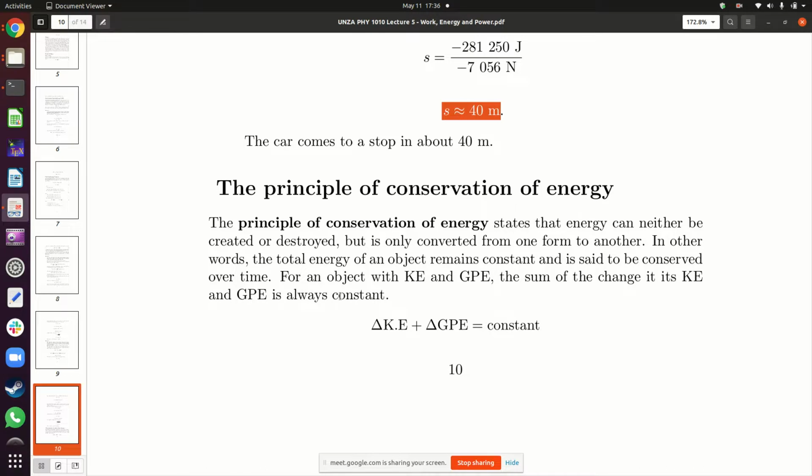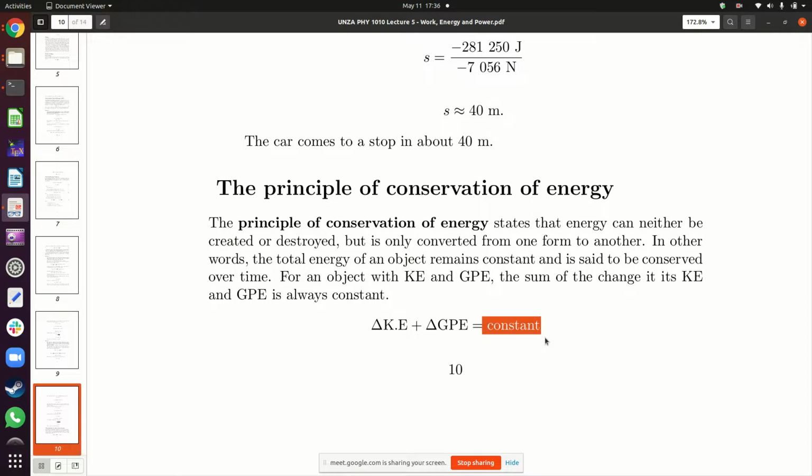If we are just focused on these two, how the kinetic energy changes and how the gravitational potential energy changes, if you add the change in gravitational potential energy and the change in kinetic energy, what you should end up with is some constant. It should always be the same.